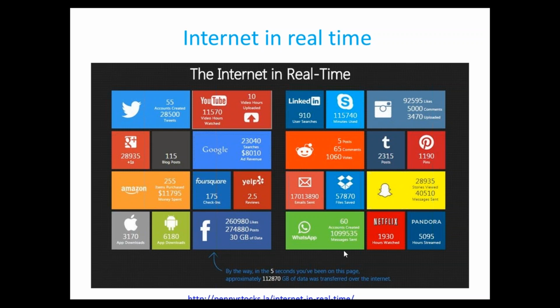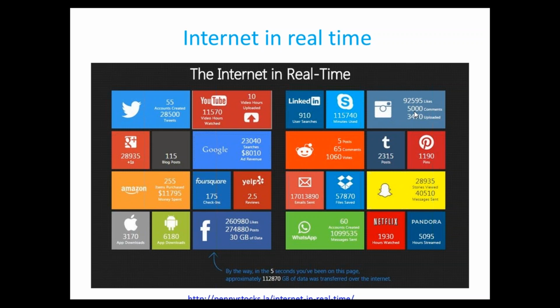Start from the left upper corner, Twitter. In these 5 seconds, 55 new accounts are created and 28,500 new tweets are there. YouTube, 11,570 video hours are watched. At the same time, 10 video hours are uploaded. You can see the stats for LinkedIn, 901 user searches. Skype, these many calls are placed using Skype.